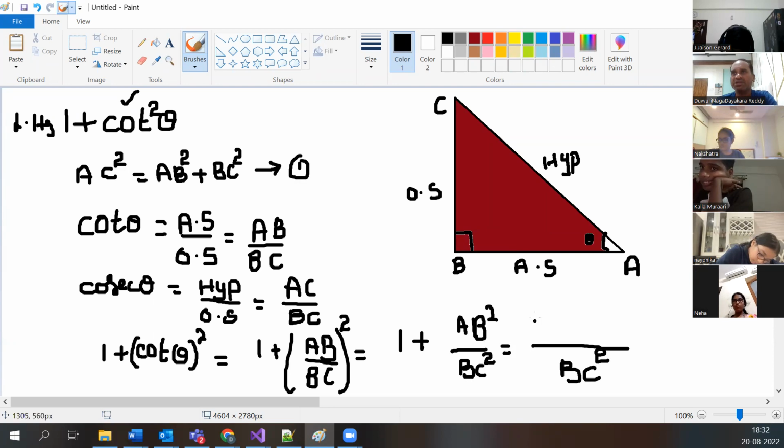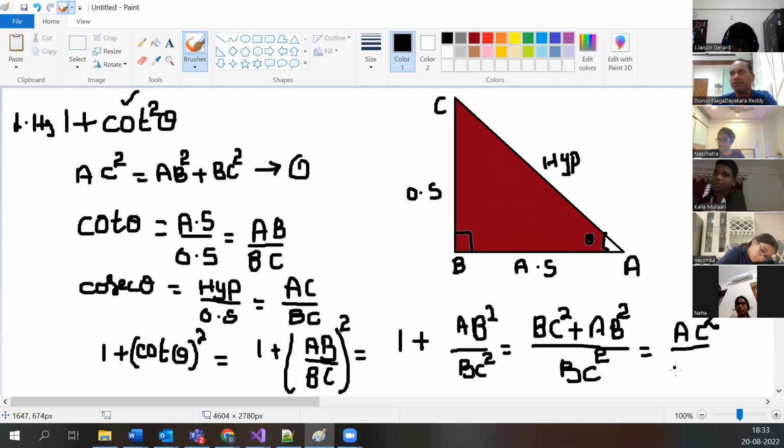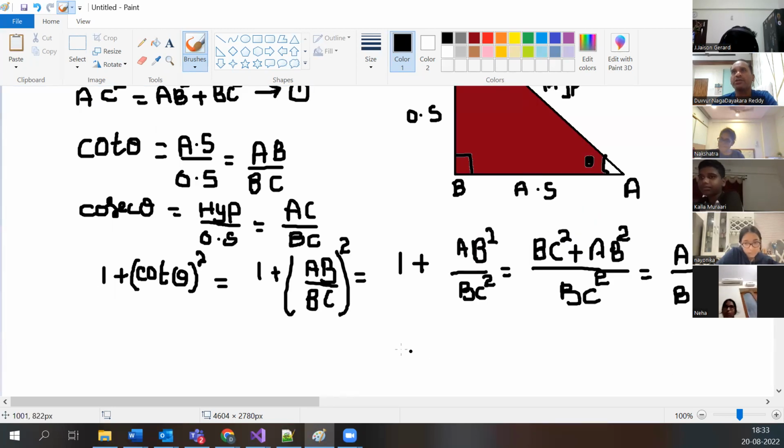And then it will become BC square plus AB square. But AB square plus BC square, whose value will be equal to the hypotenuse, that is AC square. Right. AC square by BC square. That is equal to AC square by BC square.